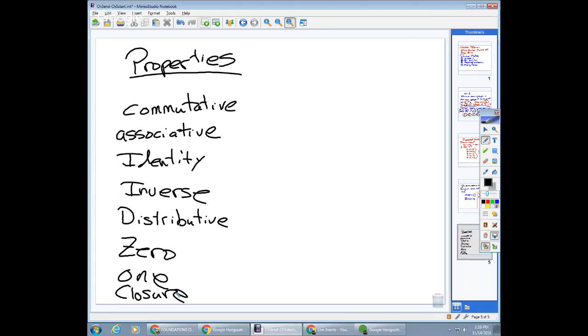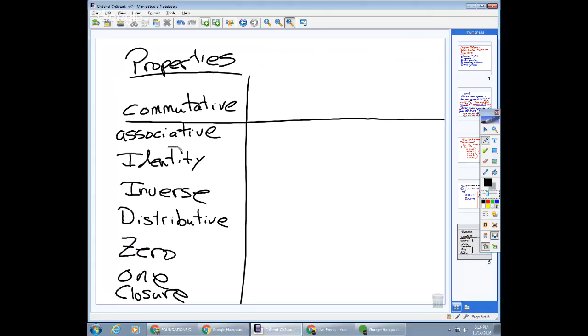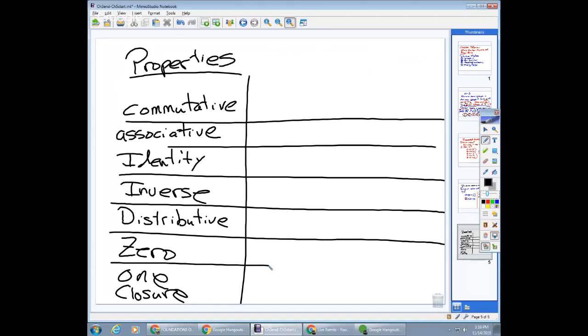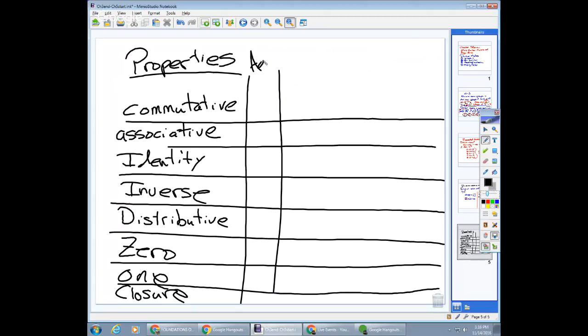So what we're going to do is make a table and take a look at how these properties apply to the different operations, of which we have 4 or 6, depending on how you count. I'm going to worry about the main 4. So addition.